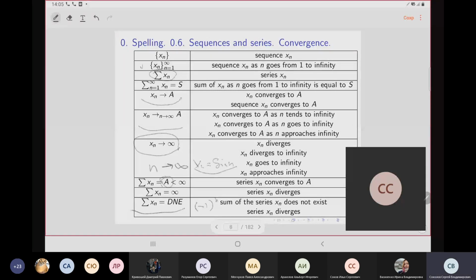I think there can be some difficulties to prove that this series sin n doesn't exist. That's the real question, how to prove that it doesn't exist.